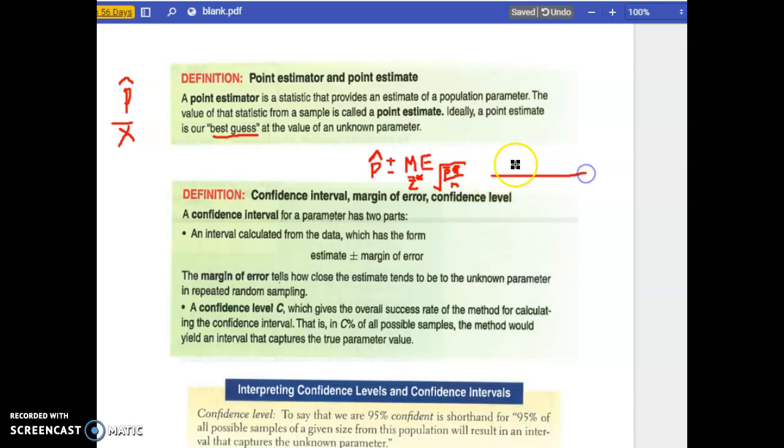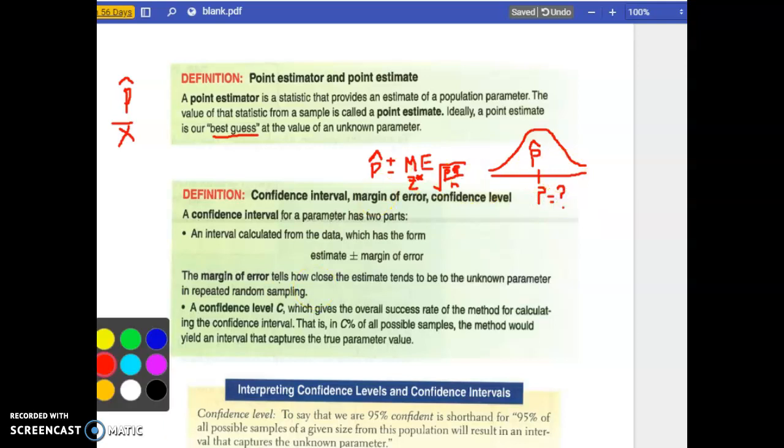So remember all those p-hats from the AP stat guy. I have some normal curve of a bunch of p-hats piled up, and now they're going to fall around some population parameter p. We just don't know that p now. So what happens is I pick some random p-hat. Let's say I pick this p-hat up here. I don't know p.